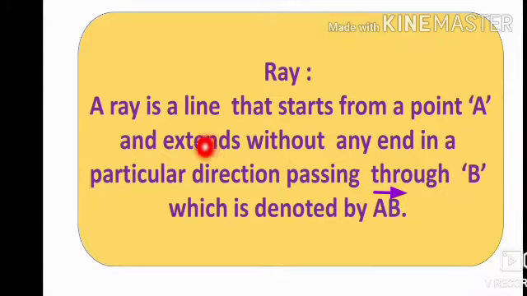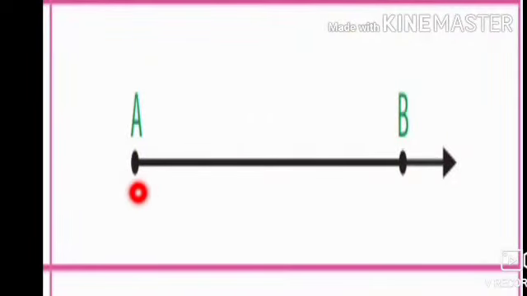Now, ray. What is a ray? A ray is a line that starts from a point A and extends without any end in a particular direction passing through B, which is denoted by AB. Here, listen carefully. This ray starts from a point A and extends without any end in a particular direction passing through the point B. So, it has one end point and on the other hand, it has no end point.